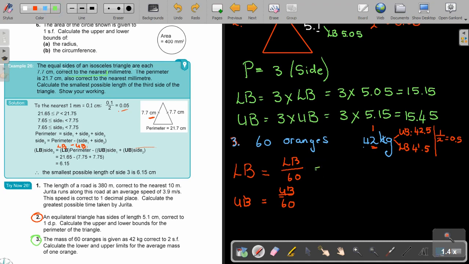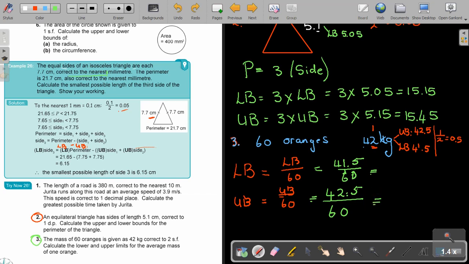So the lower bound is 41.5 divided by 60, and the upper bound is 42.5 divided by 60. That is going to give me an answer.